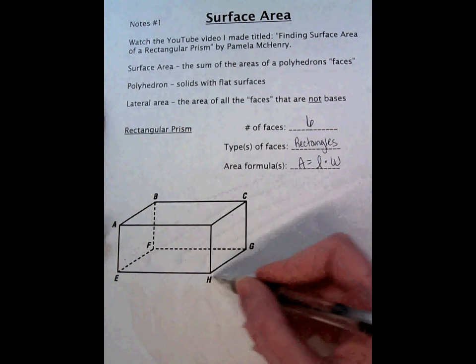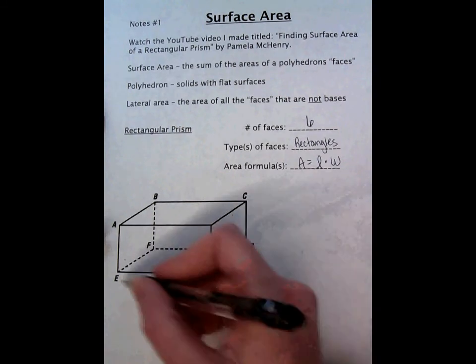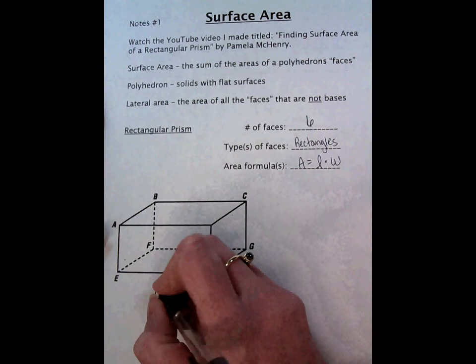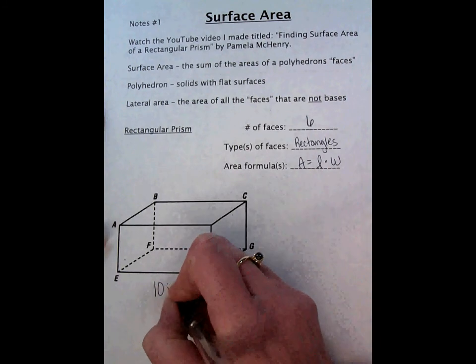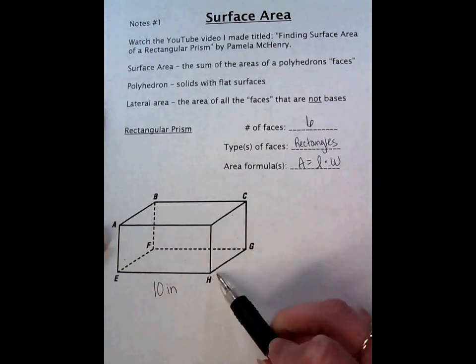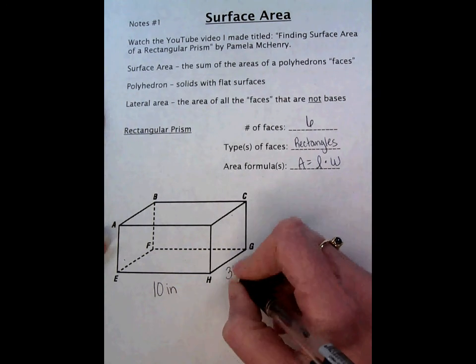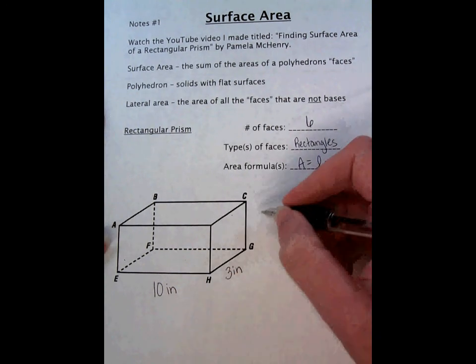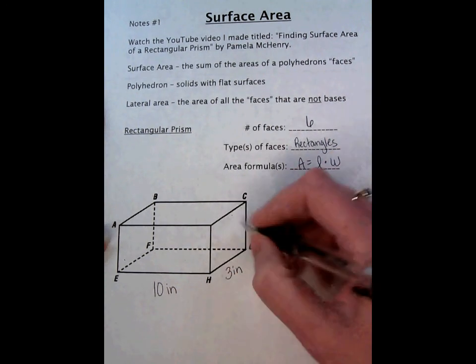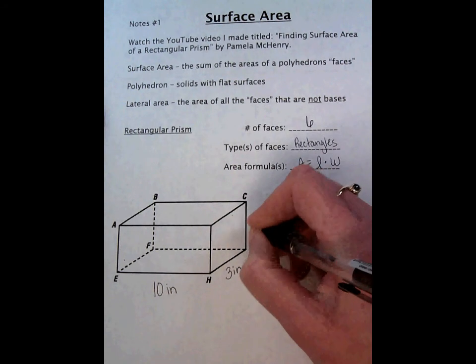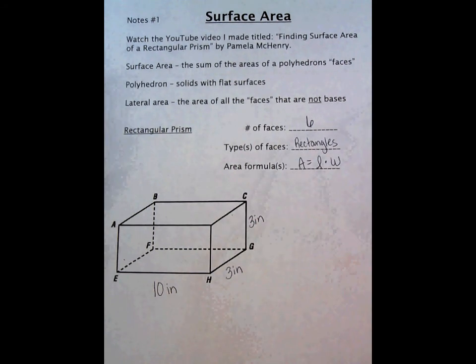The length of the bottom of the rectangular surface here is going to be 10 inches. And then the depth of our rectangular prism is going to be 3 inches. And because it looks like a square to me, I decided that we'll just call this another 3 inches for the height of the prism.